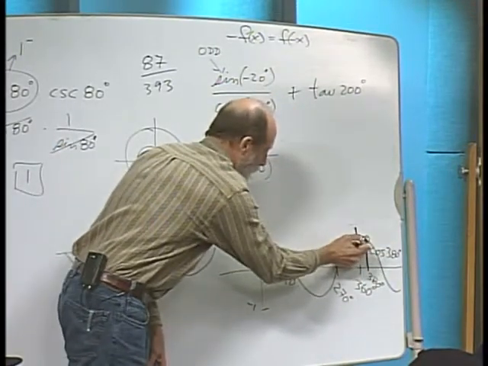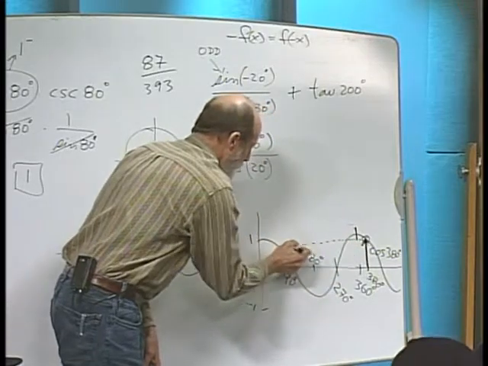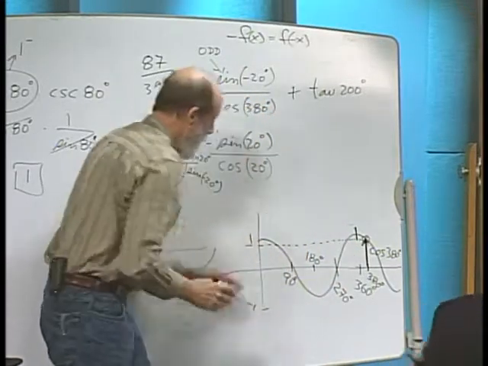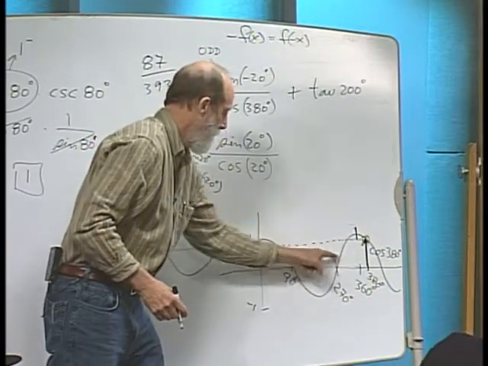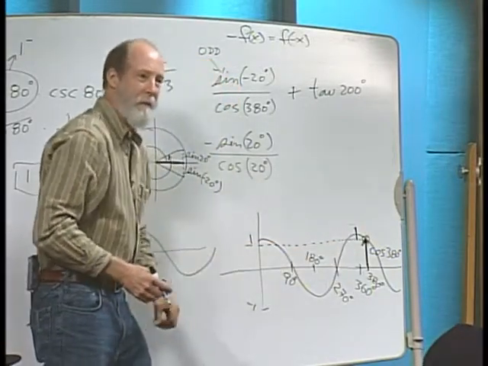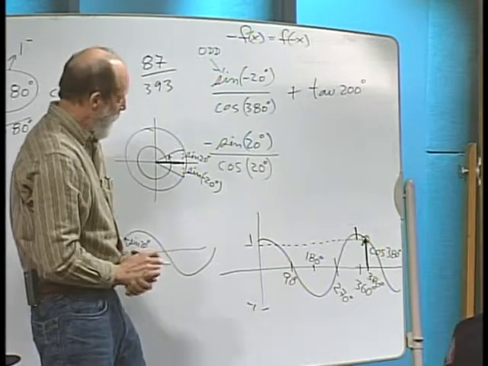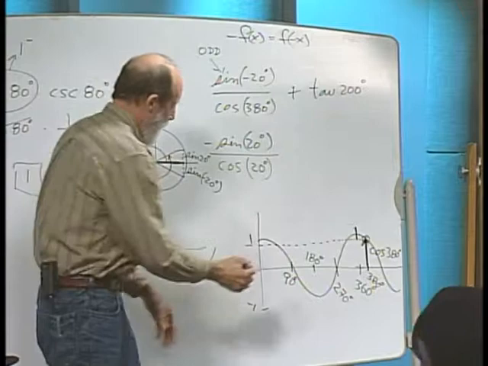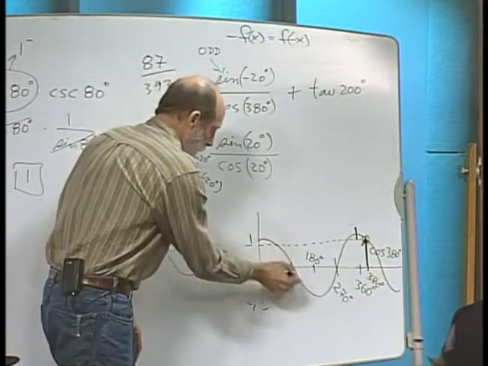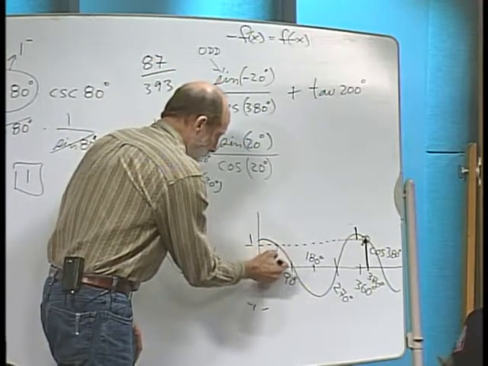Notice if you come across this graph, there's a multitude of other spots that have that same cosine reading. Okay? And so if I did a nicer looking graph, we could come back here, and this angle right here, even though my drawing's a little off scale, that's really right there, isn't it?